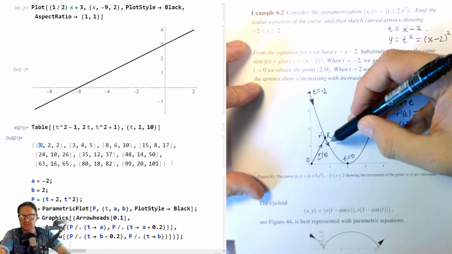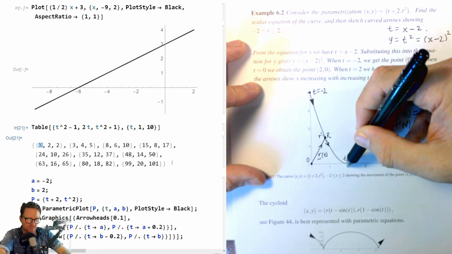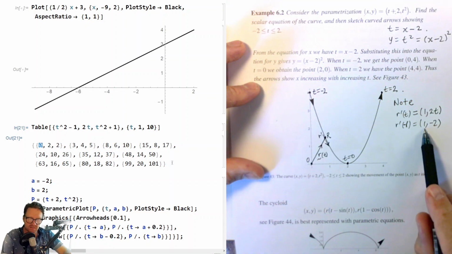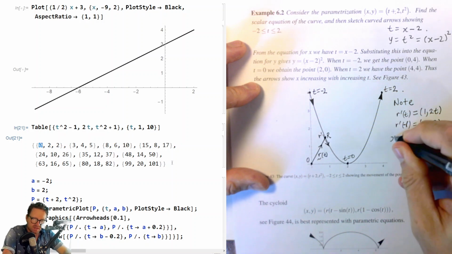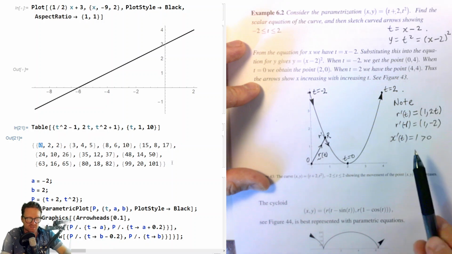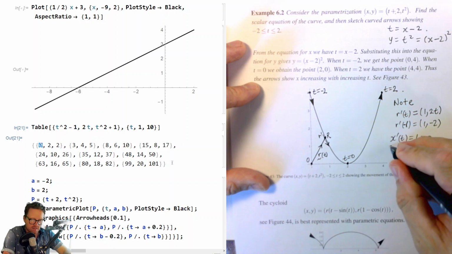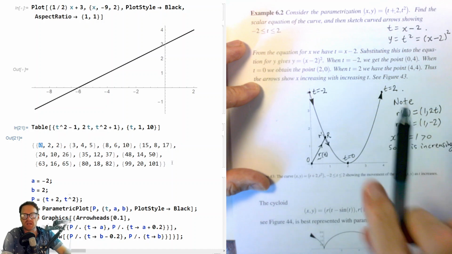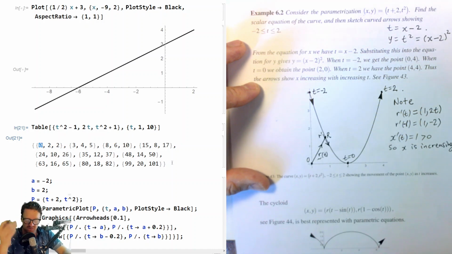So r dash is parallel to the curve at a given point t. Okay, so also looking at this, the x component here is positive. So x dash of t equals 1, which is positive. So that tells you x is increasing. Which tells you that the arrows go left to right as t increases.